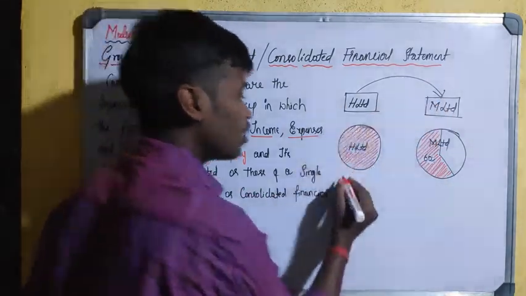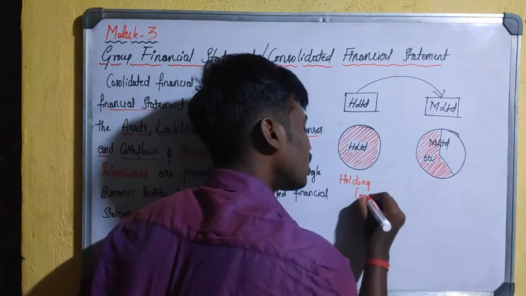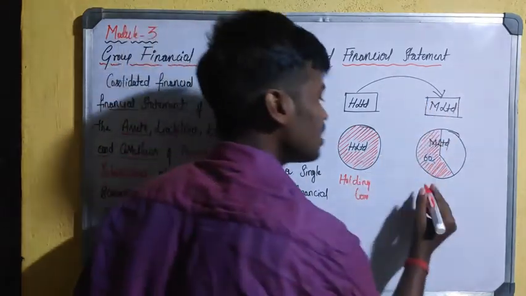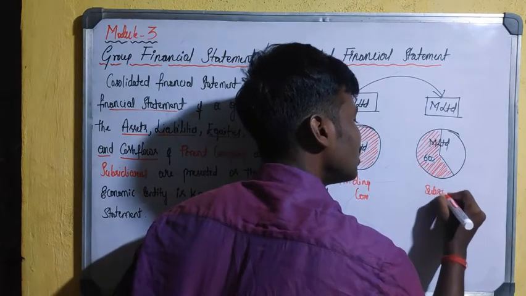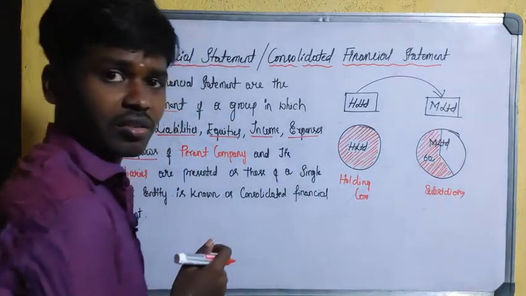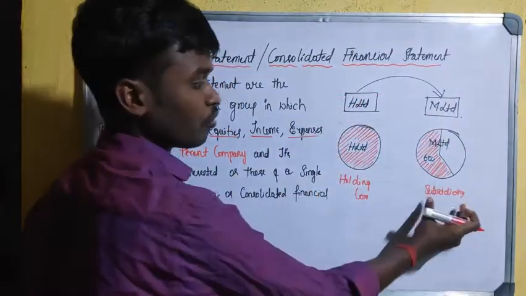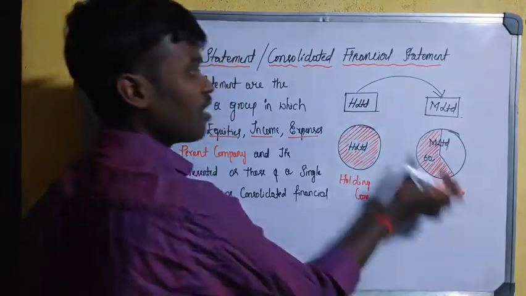So therefore H Limited will be called the holding company and M Limited will be called the subsidiary of H Limited. Okay, because M Limited is controlled by H Limited, therefore it is the subsidiary of H Limited.